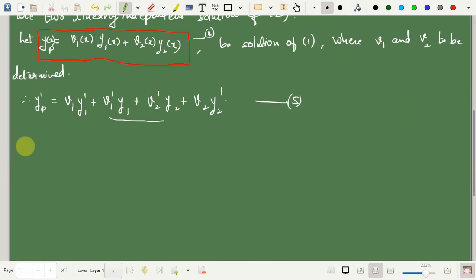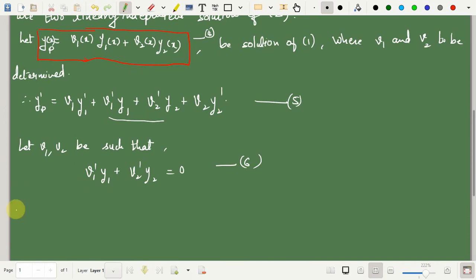So let v1 and v2 be such that v1 prime y1 plus v2 prime y2 is equal to 0. We put this condition first so that we can very easily evaluate the second derivative of this yp, and this would be one equation among those two equations from which we determine the values of v1 and v2. Ultimately we need to get a system of two equations to determine v1 and v2.